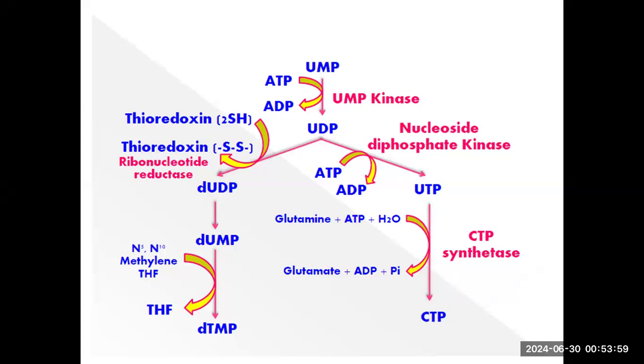That is reduction of carbon number 2 of the ribose of the nucleotide by the action of the enzyme ribonucleotide reductase. Then deoxy-UDP is converted into deoxy-UMP, and deoxy-UMP is then converted into deoxy-TMP by the addition of a methyl group donated by N5,N10-methylene tetrahydrofolic acid, which is converted into tetrahydrofolic acid.